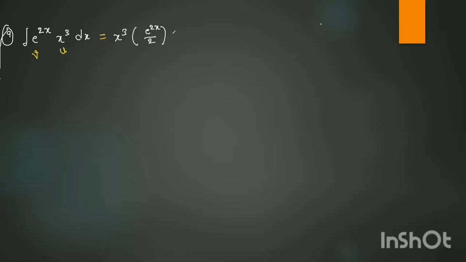Correct? Next, minus sign. These are alternating signs, plus, minus. Differentiate the previous term, 3x square, and again integrate this term. E to the power 2x divided by 2, already we have a 2, so it is again 2.